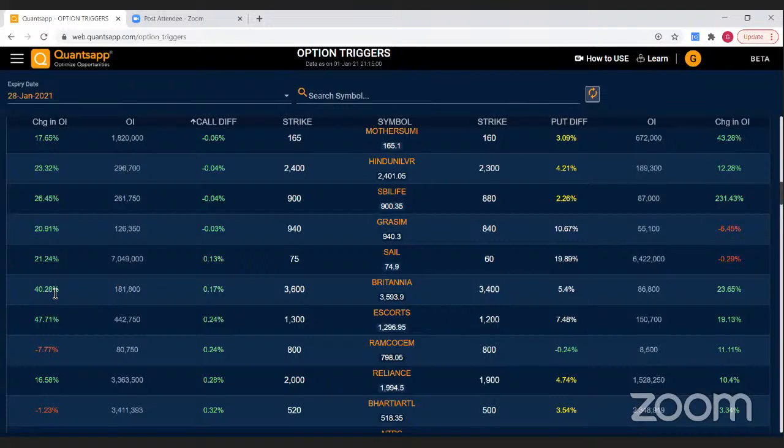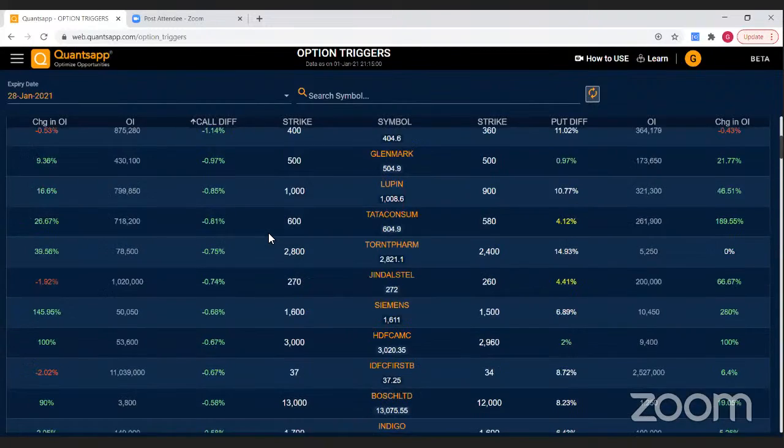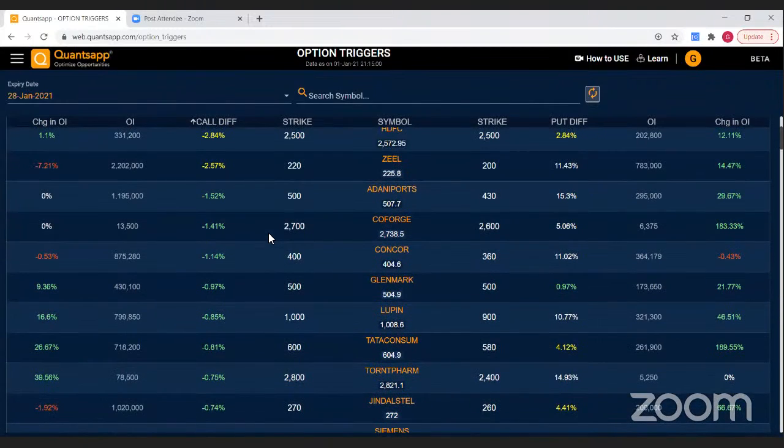One more thing I've tried here: there are around 140 stocks, so we have given a good color combination which helps us figure out the difference among the numbers. If you see any number in green, the green generally indicates the range between -2 and +2.